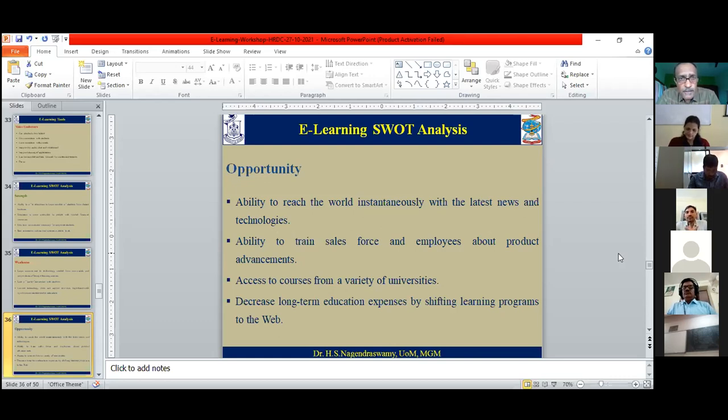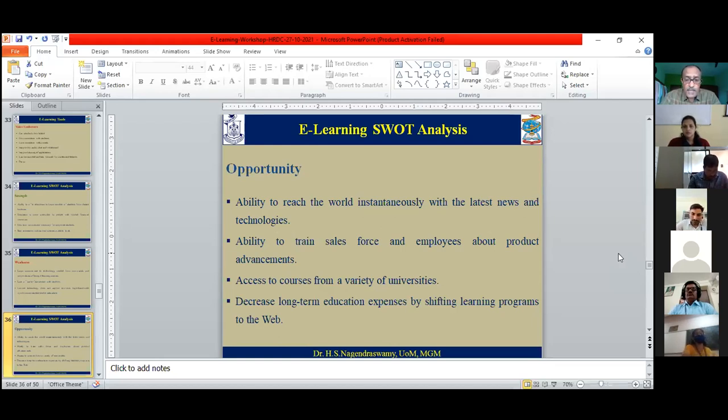Whenever they are offering such a new program, then definitely there must be advertisement, right? How can you do advertisement? Of course, this platform can be used, where you can popularize the program and train the sales force and employees about the product advancements and all. And that's the opportunity.